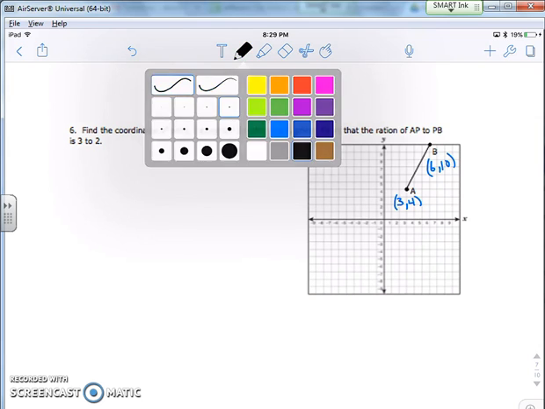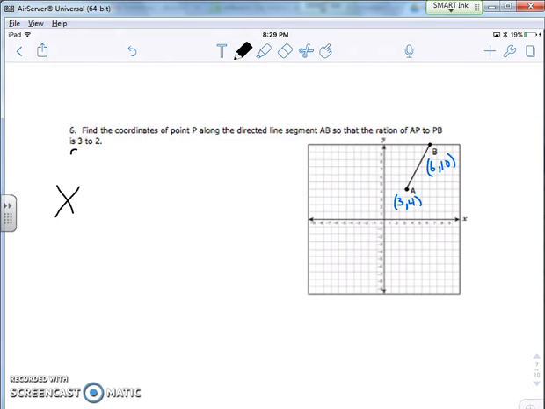The X coordinate, M is 3, N is 2. It says the line segment AB. So A goes with the first. A is your X1 and B is your X2.